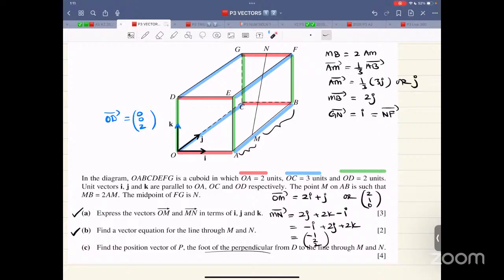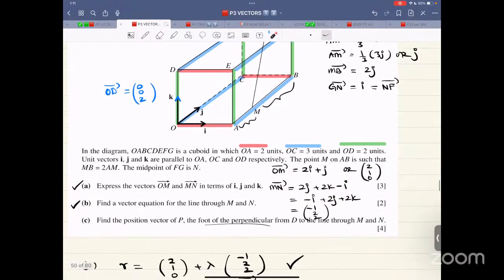So now what needs to be done? MB is 2AM. AM is 1/3 AB. AM is 1/3 of 3j, which is j. MB naturally is 2j. GN is i, that is NF. GN is i, and NF is also i because this whole thing is 2i.